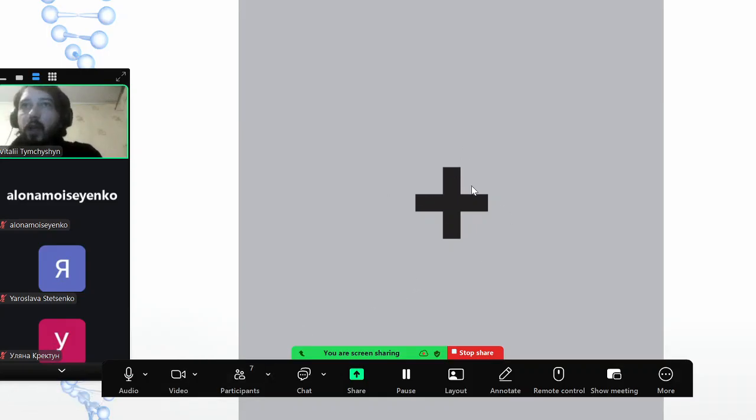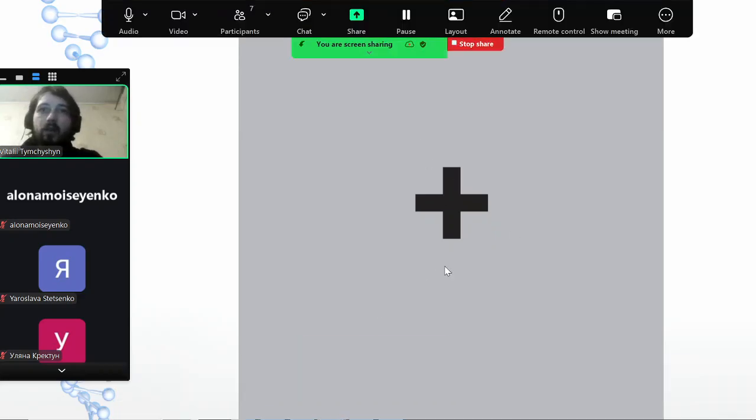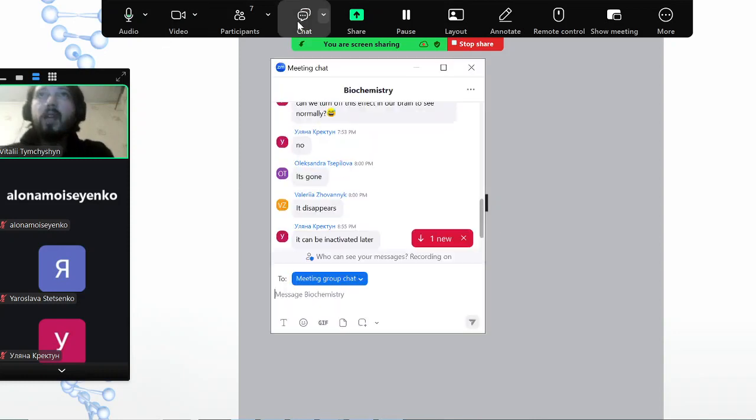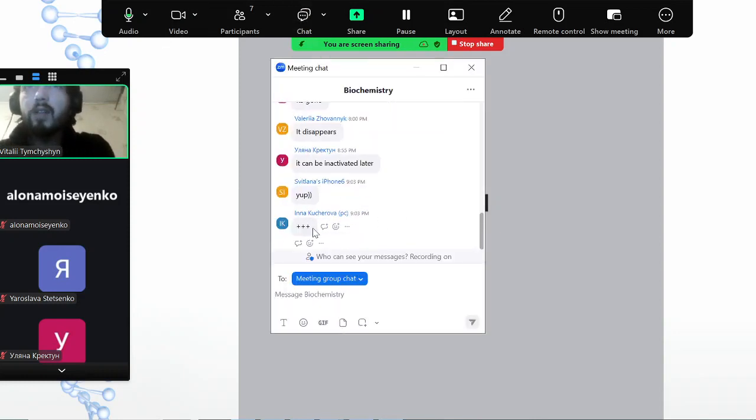So now, looking at this cross, you should be able to see some sort of after image of the dots on the field. After some time passes, that will basically go away, but I hope you were able to see the effect. Okay, was anyone able to see that after image?